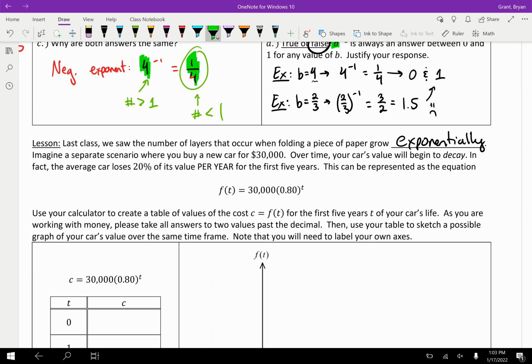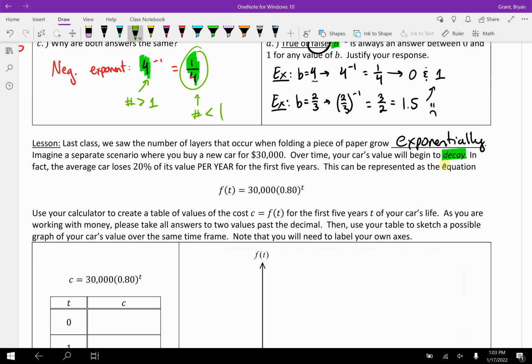This time, let's think about a scenario where you're buying a brand new car for $30,000. Now, generally, and this is kind of a weird exception these pandemic years, and we'll discuss that briefly at the end, it's suggested to not buy a new car, at least financially. The reason is that in the car market, your new car's value is going to begin to decay.